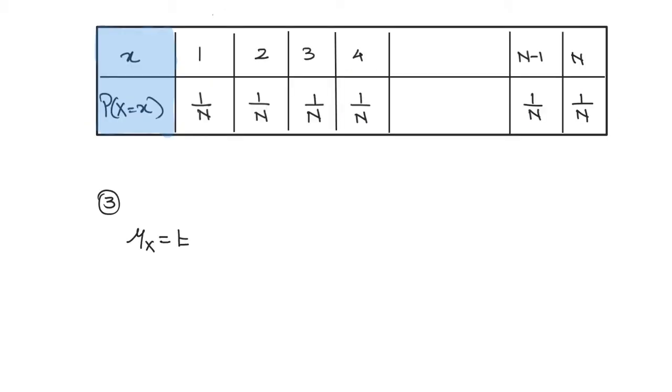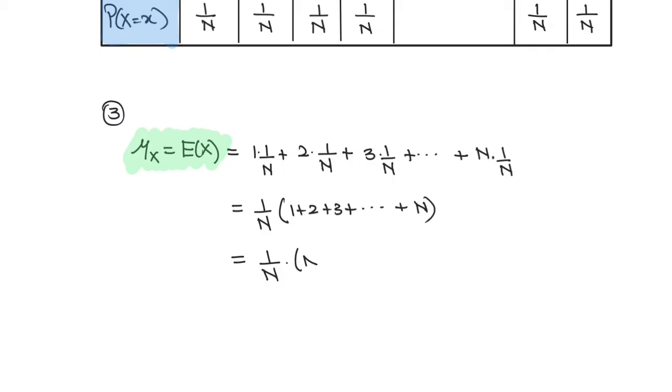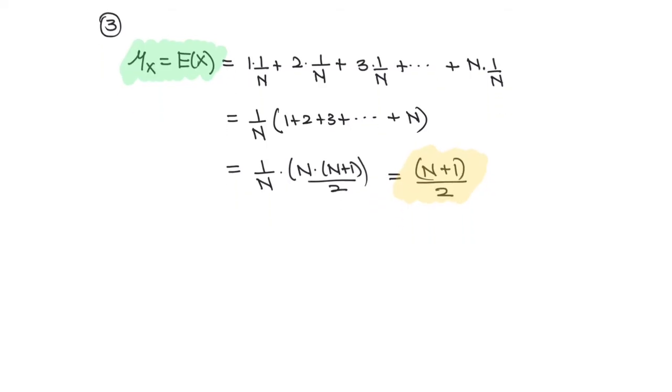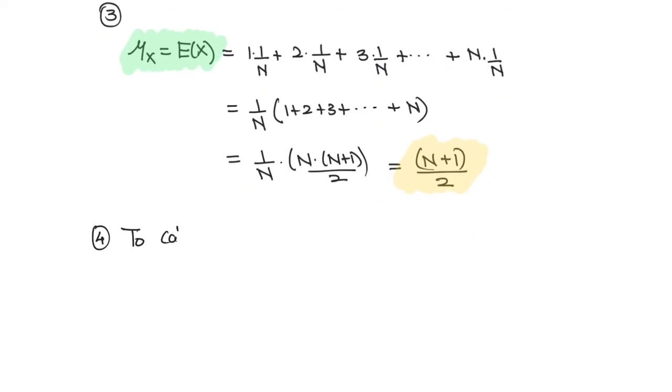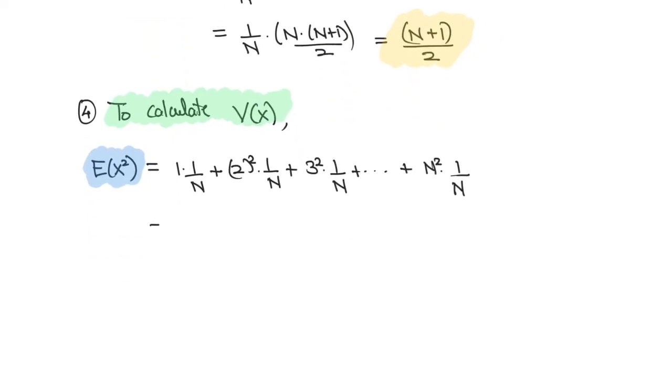In this setting, the expected value of X is calculated using the formula for expectation. In the process, we use the formula for the sum of the first N numbers, which is N times N plus 1 divided by 2. When we divide by N, we get the expected value, which is N plus 1 over 2. To calculate the variance, we use the property that the variance of X is the expected value of X squared minus the expected value of X, squared.